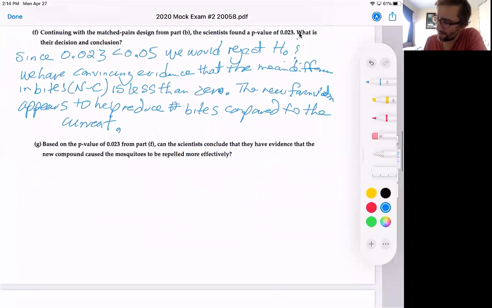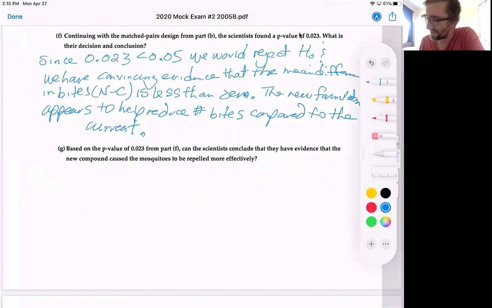Based on the p-value that we just had, can the scientists conclude that they have evidence that the new compound caused the mosquitoes to be repelled more frequently?